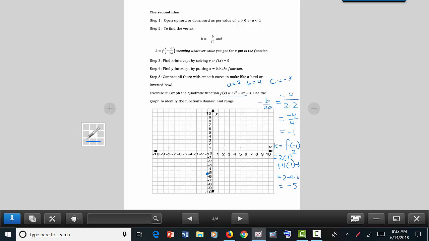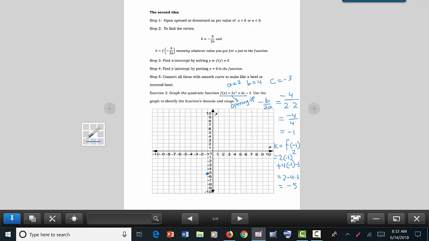Now, if the coefficient of x squared is positive, it is opening up. If negative, opening down. If it is positive, opening up. Now after that, we have to find the x-intercept and y-intercept.